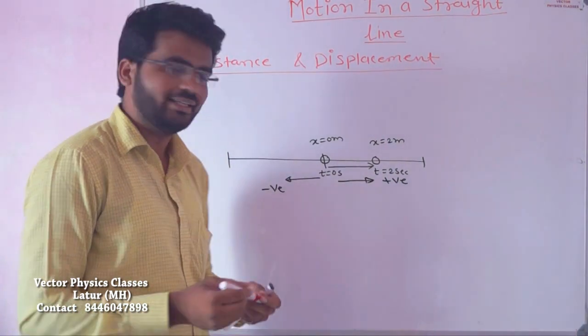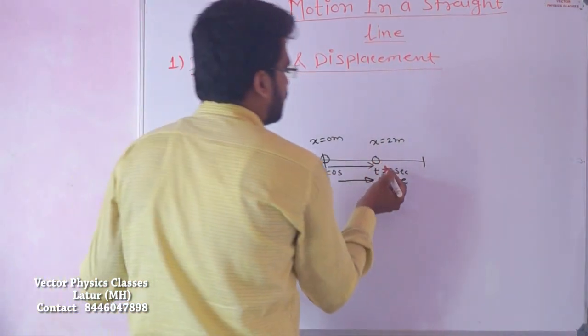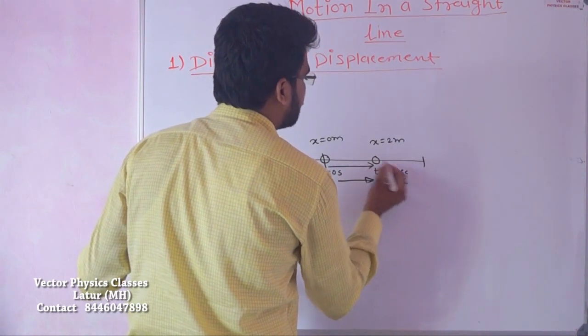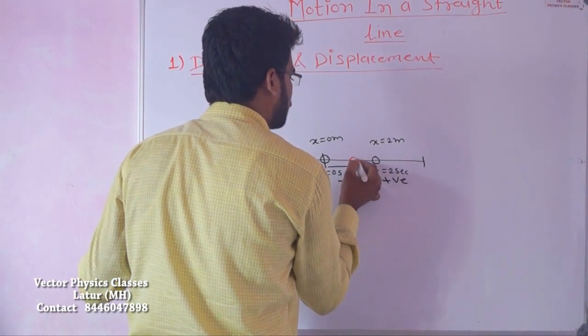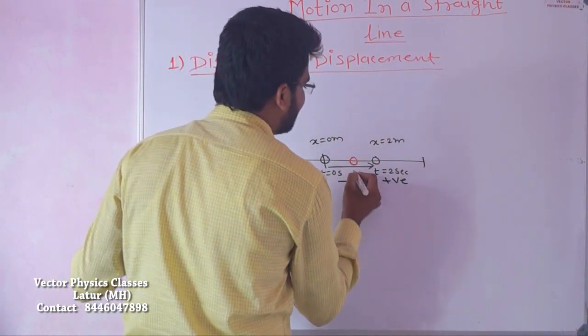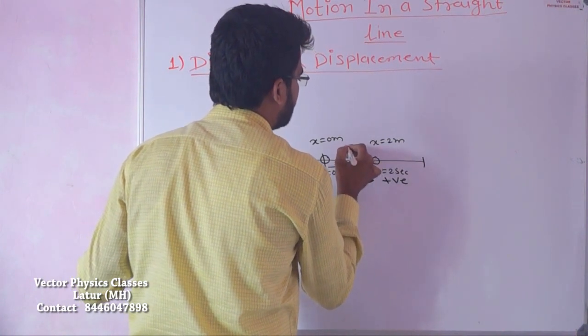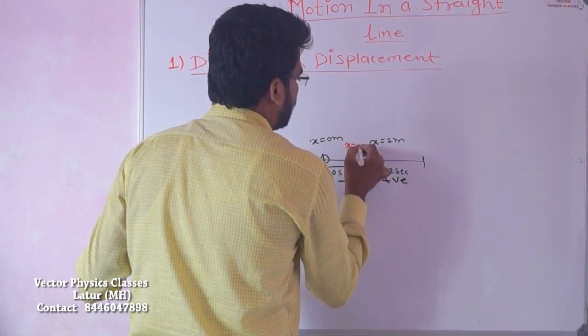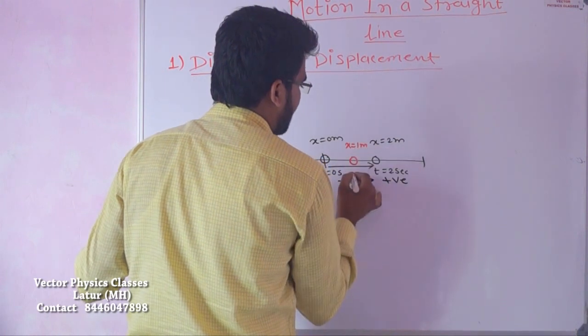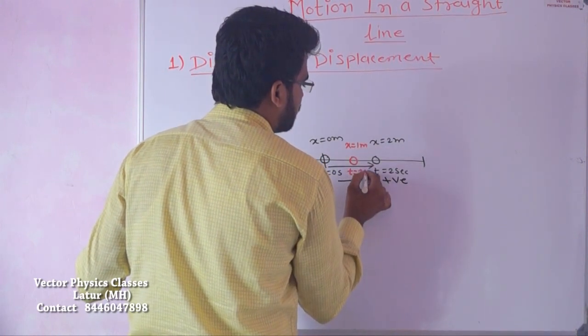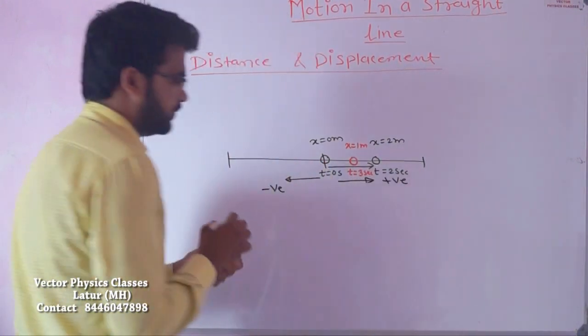And after some time it will come backward and it is at supposed to be x is equal to 1 meter at t is equal to 3 seconds.